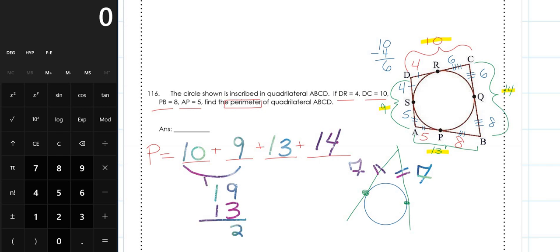Add the 1, so now we're at 32. And lastly, add the 14. So 32 plus 14. 2 plus 4 is 6. 3 plus 1 is 4. So 46 for your perimeter. Whatever the units are, inches, centimeters, whatever it is, the answer is 46. Okay, let's keep moving on.